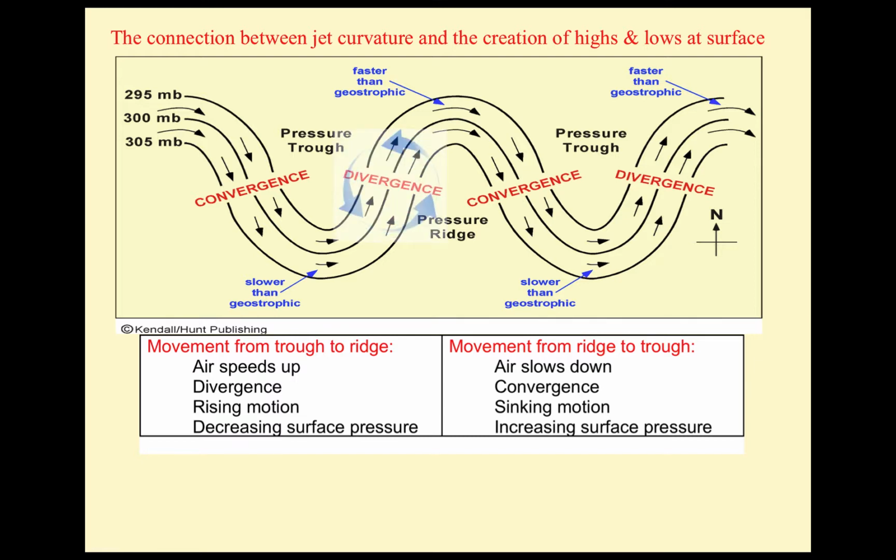What I've put in here in the animation is the surface flow you'd expect underneath this. So again, this is at jet stream level. The curvature in the jet stream dynamically removed molecules in this region, reduced surface pressure, and here's the flow you might generally see at the surface underneath this part of the jet stream, rotating cyclonically. At the same time, underneath an area of convergence, you'd have higher pressure, and you'd likely see anticyclonic motion.